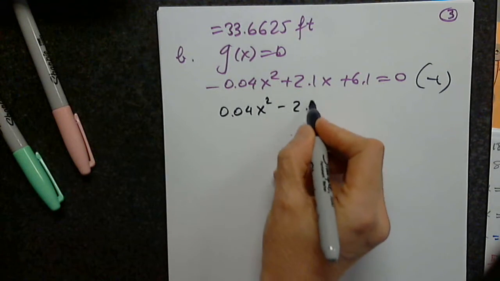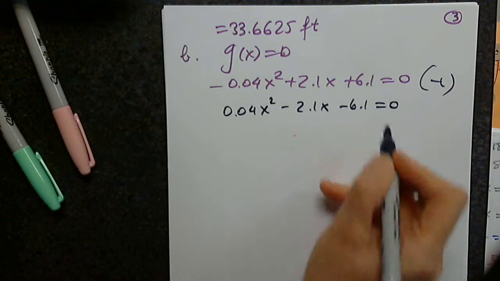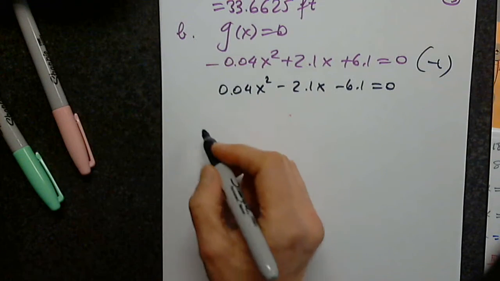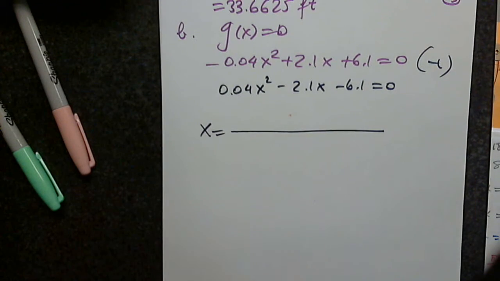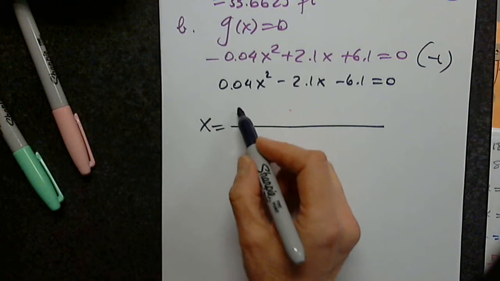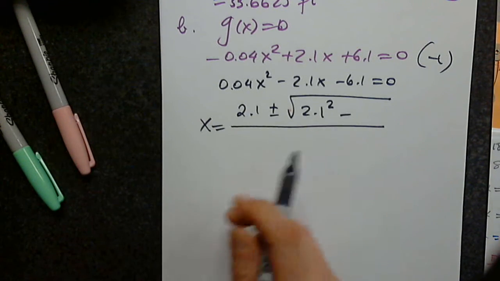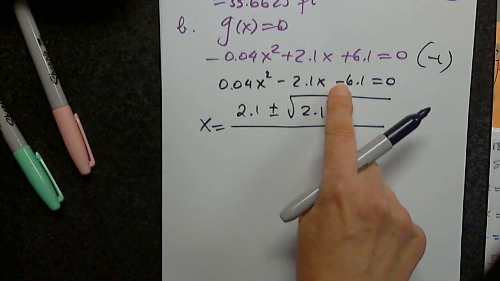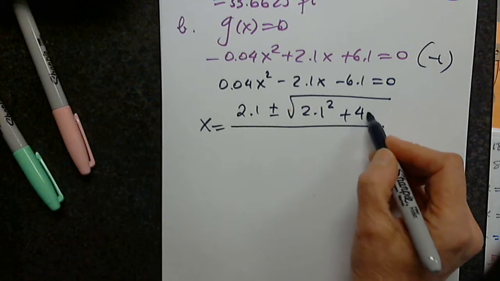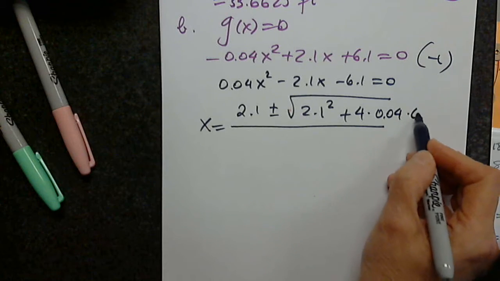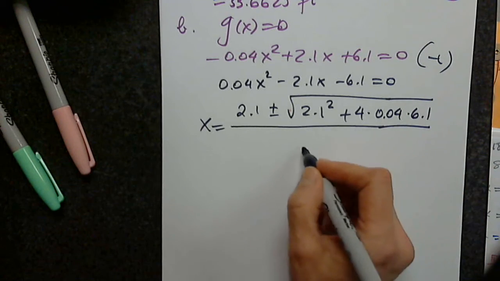Thank you. Absolutely. And then I will start: negative b, plus or minus the square root of 2.1 squared, minus 4 times a times c, over 2 times a.